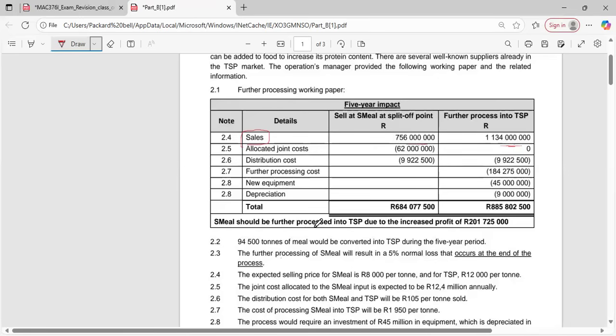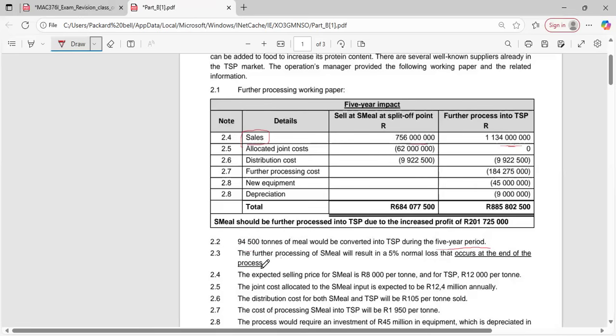So in our sales, let's go here. 94,500 tons of S meal will be converted into TSP during the 5-year period. You see, the period is for 5 years, which means during the 5-year period, they are going to convert 94,500 tons of S meal.